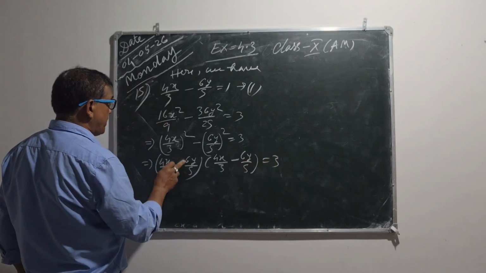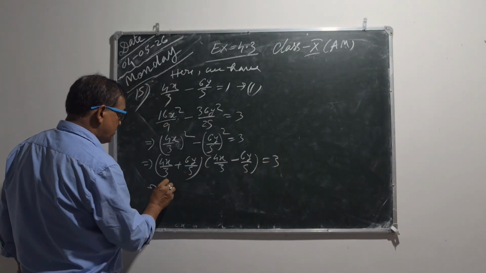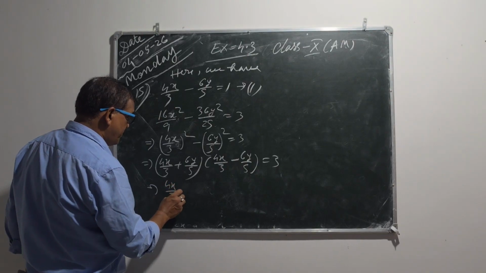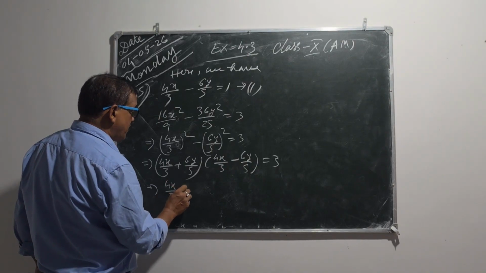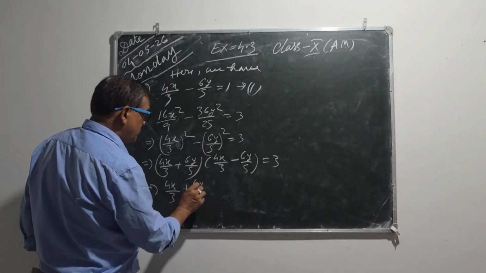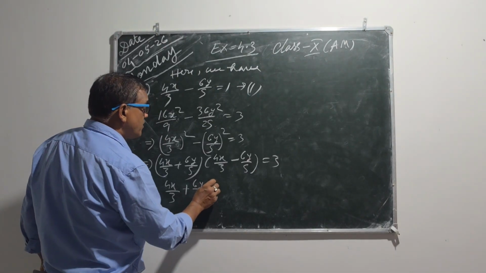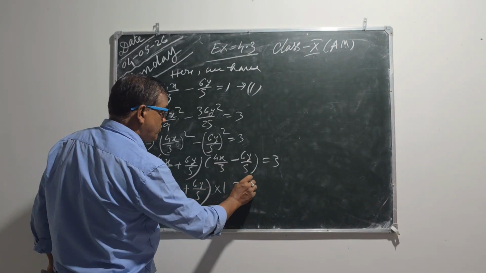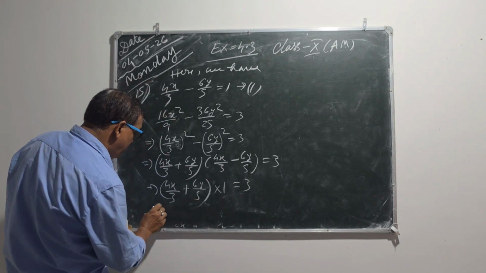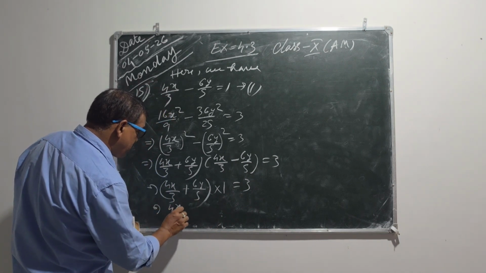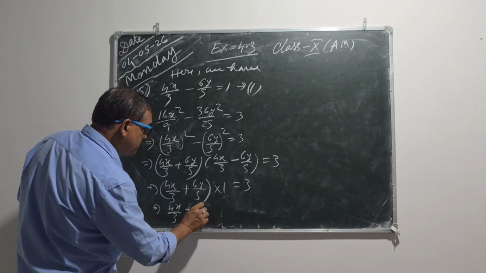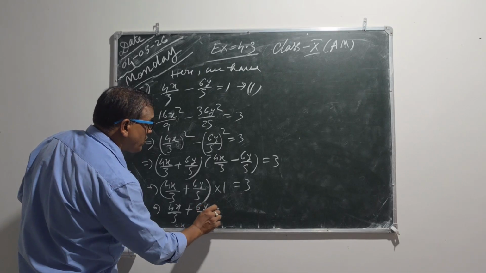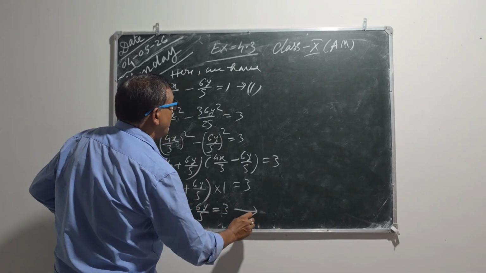So this value is given here, 1. So let us replace it: 4x by 3 plus 6y by 5 is 1, so this can be replaced by 1 equal to 3. So finally it will be 4x by 3 minus 6y by 5 equal to 3. It is relation 2.